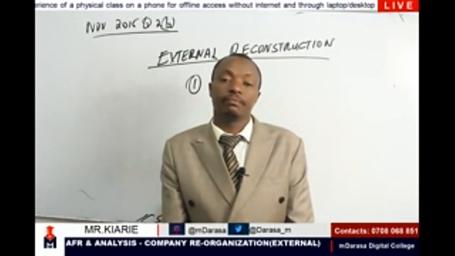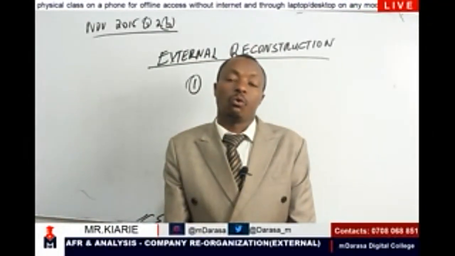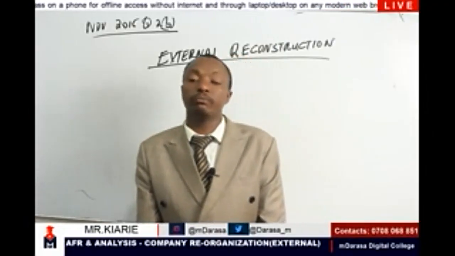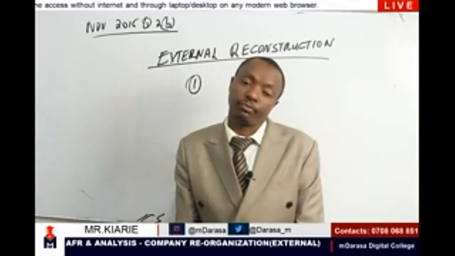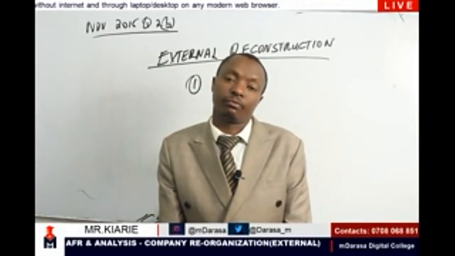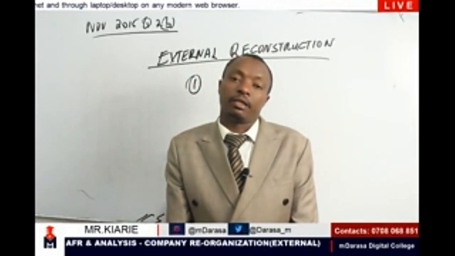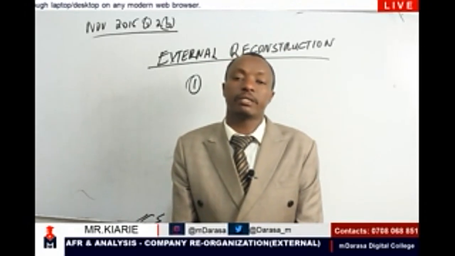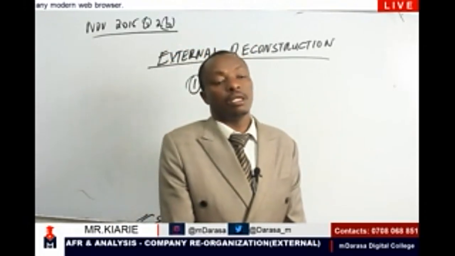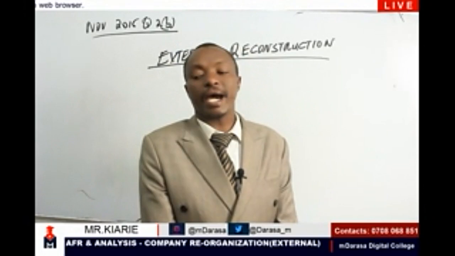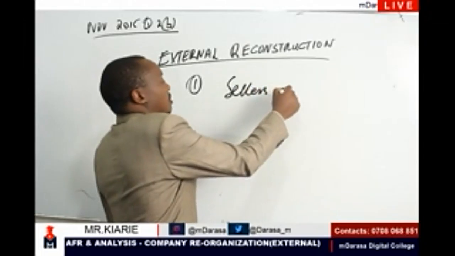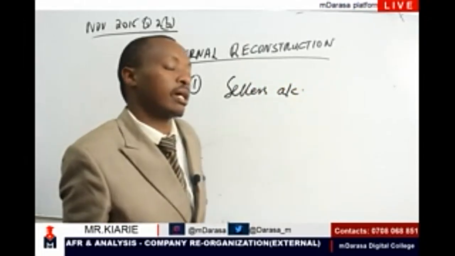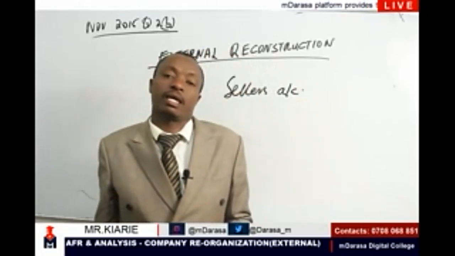Number three, with the amount of purchase consideration, debit business purchase account, credit vendor's account, or rather the seller's account.